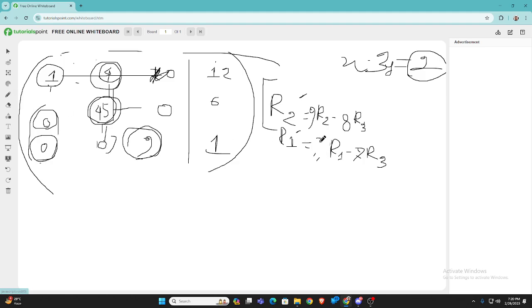So it will be 9 into 4, 36 minus, or this will be 36, then since it's 0, right, so it will be 36. It's 36.